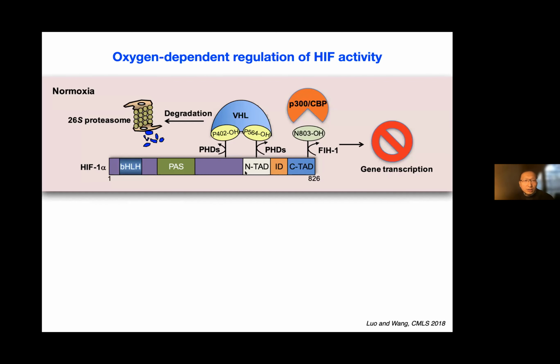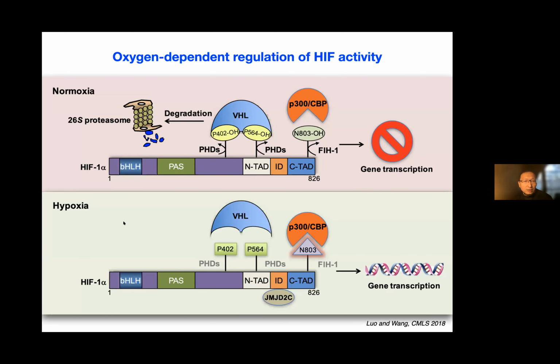The hydroxylated HIF alpha is recognized by the ubiquitin E3 ligase VHL, which mediates HIF1 alpha degradation in the proteasome. Under hypoxia, the hydroxylase activity is blocked, so the HIF alpha subunit is stabilized and can dimerize with HIF1 beta to enhance downstream target gene expression.